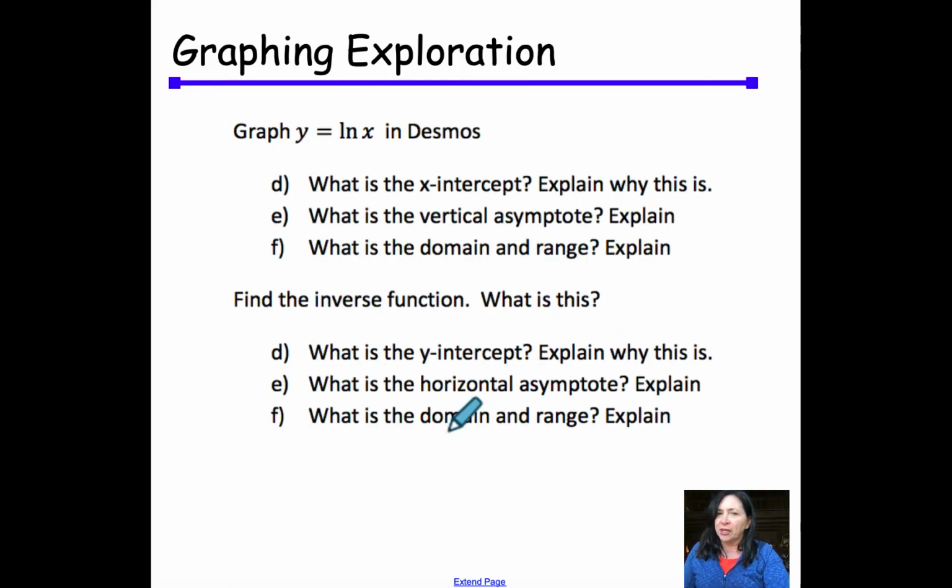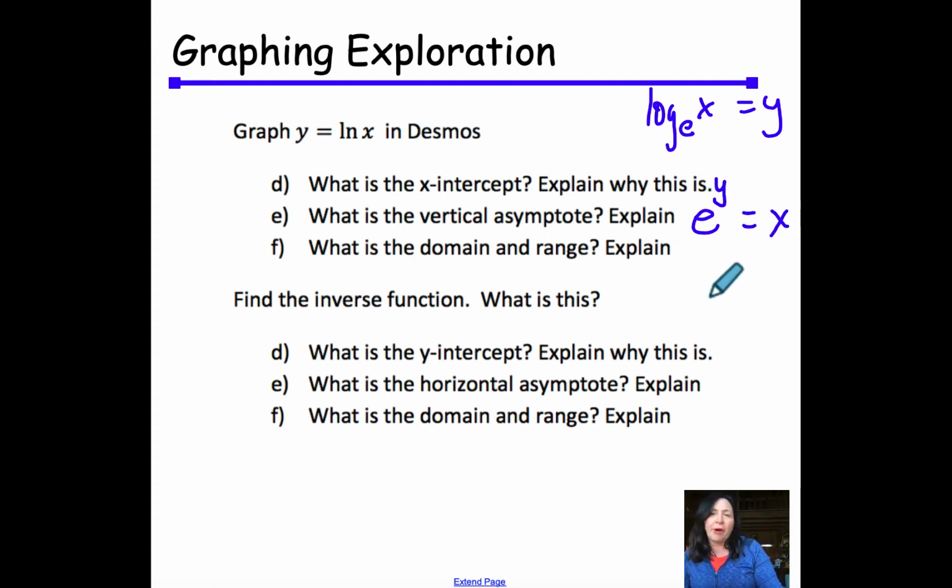The next question is for ln of x, and the inverse function for that. Remember, ln of x is actually log base e of x equals y. So think about e to the y power is equal to x. And if I were plotting points for this value here, for x and y, again, because y is up there in the exponent's place, I would plot for that value. So 0 and 1.